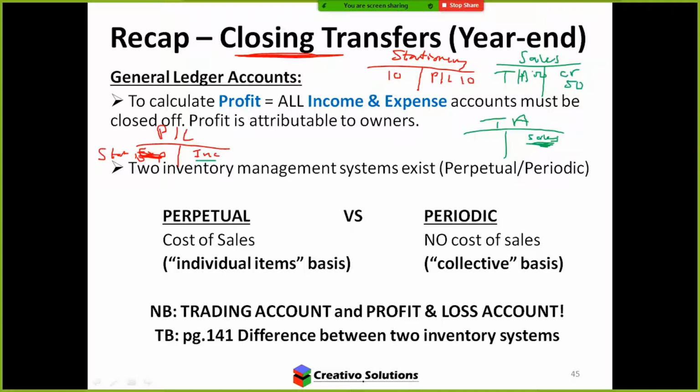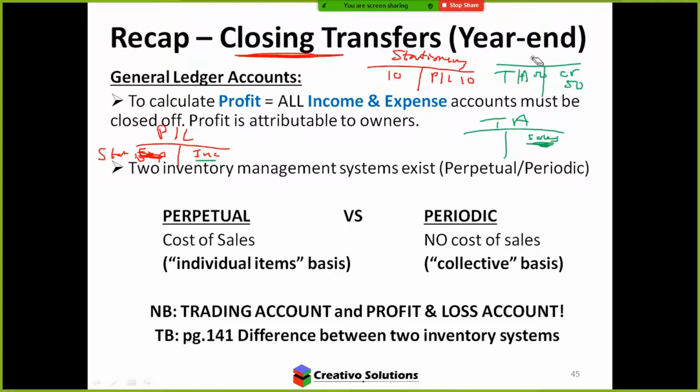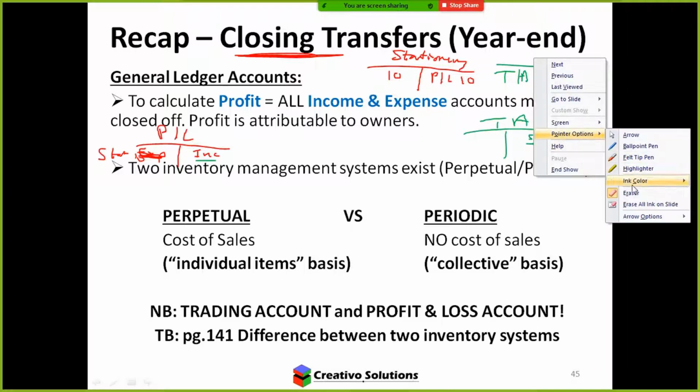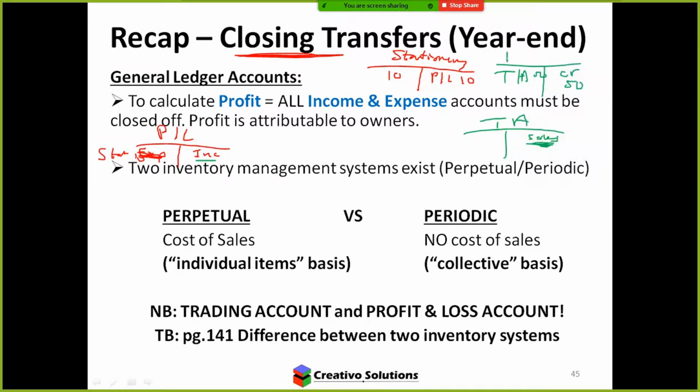Other income. Let's replace the word sales with something else. Let's say I didn't have sales and I had interest income or discount received. Doesn't matter what it is. Let's just write down interest income. What balance will interest income have? A credit balance.